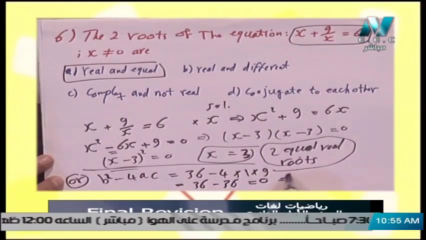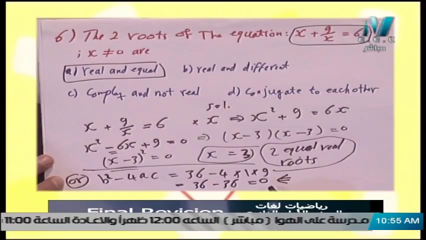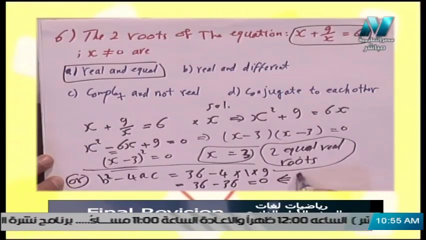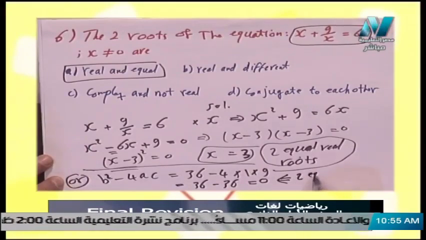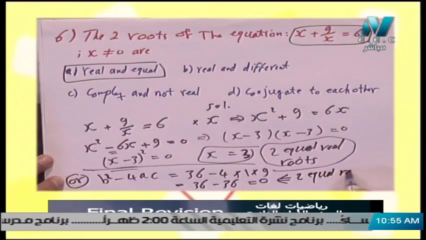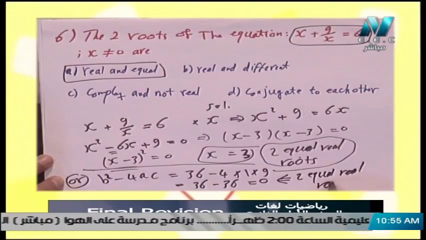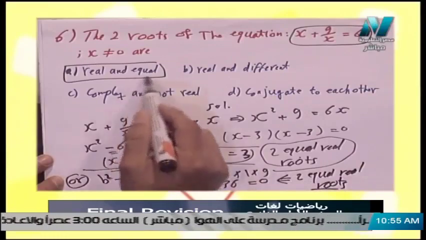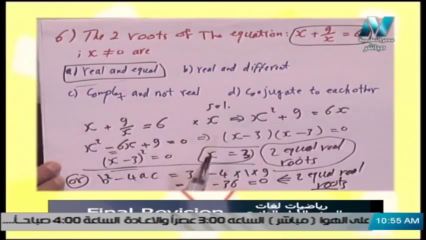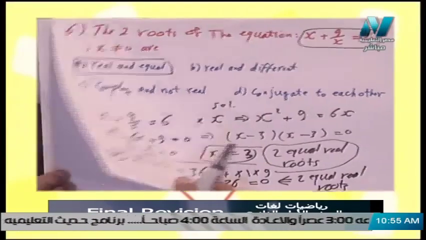And when discriminant equals 0, my dear students, we know that we have two equal real roots. So the answer is as well, and we have two methods for the equation.